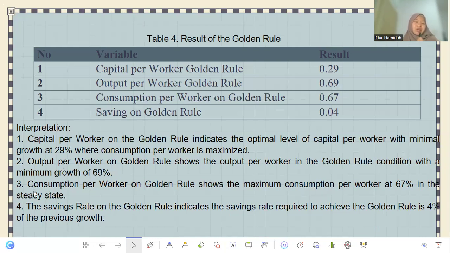Number three, consumption per worker on golden rule shows the maximum consumption per worker at 67% in the steady state. And the last, the saving rate on the golden rule indicates the saving rate required to achieve the golden rule is 4% of the previous growth.